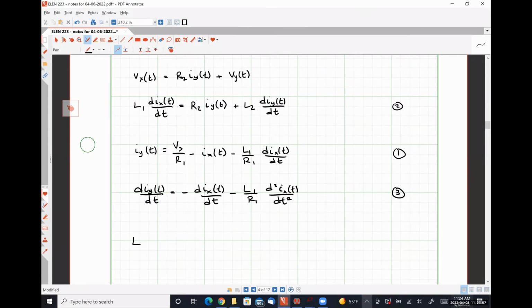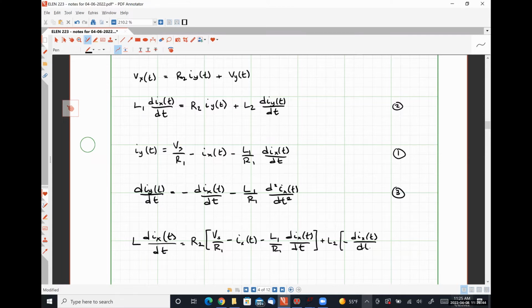So L1 dIx by dt is equal to R2 times Iy of t, where that is Vs over R1 minus Ix of t minus L1 over R1 dIx of t, plus L2 times negative dIx of t by dt minus L1 over R1 times the second derivative, like so.